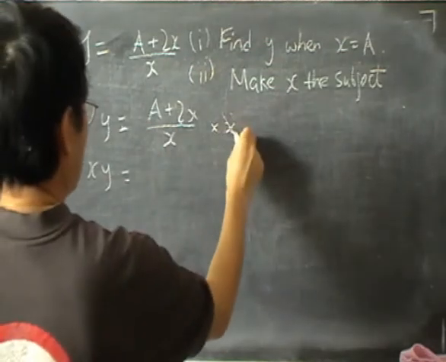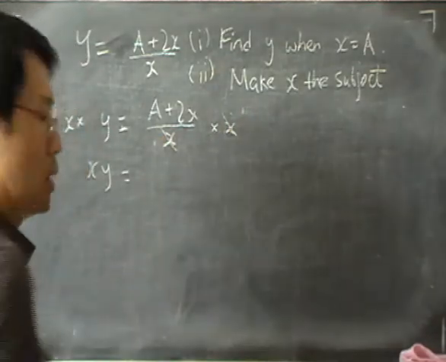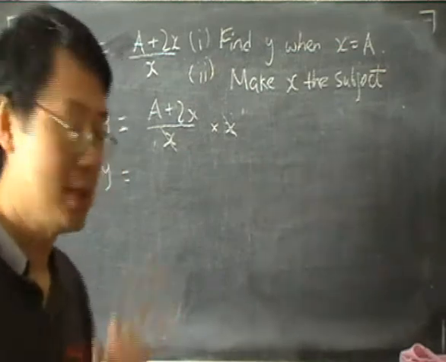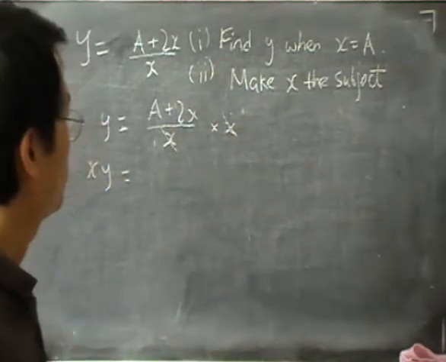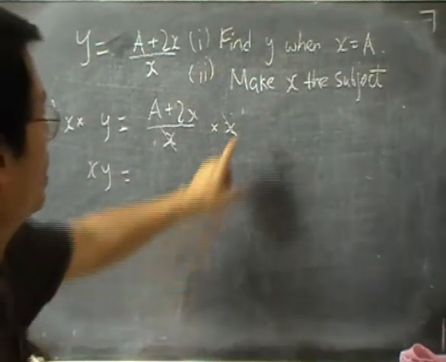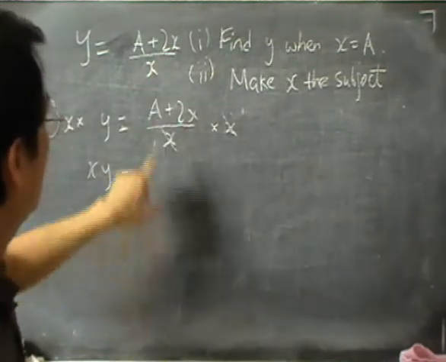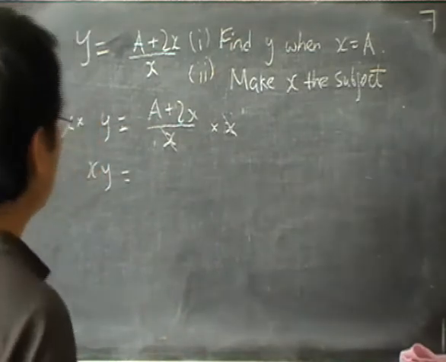So those two x cancel and become 1. Well, be careful when you cancel something. When you cancel something, it does not become 0. When you're multiplying fractions, it becomes 1. So 1 times this just gives this, and a plus 2x divided by 1 is still a plus 2x.